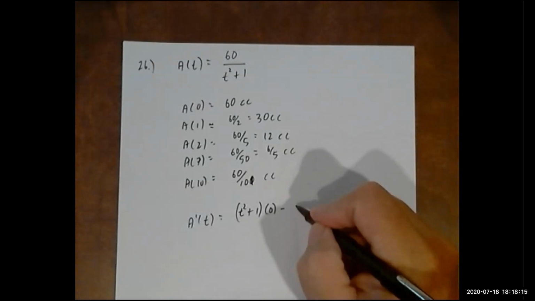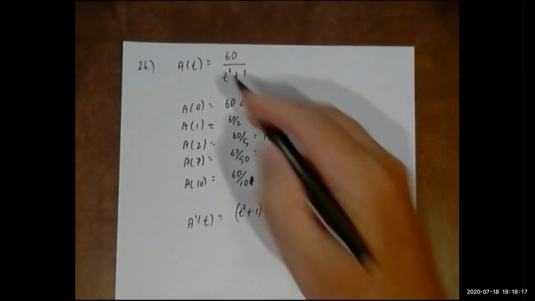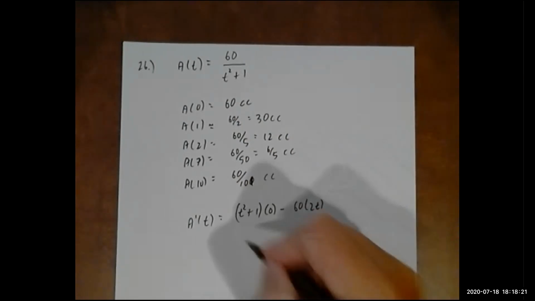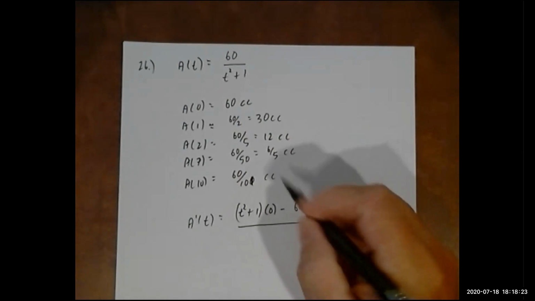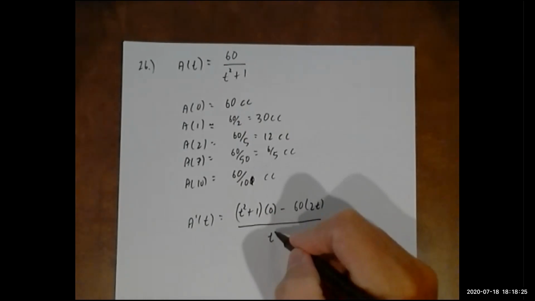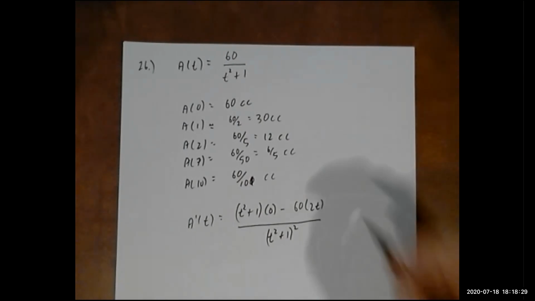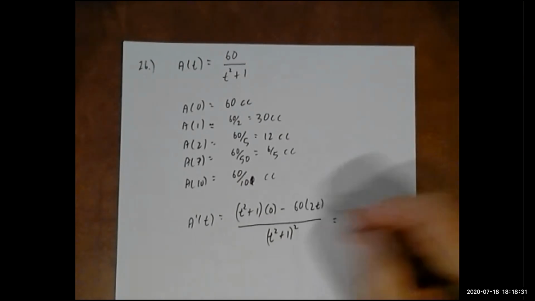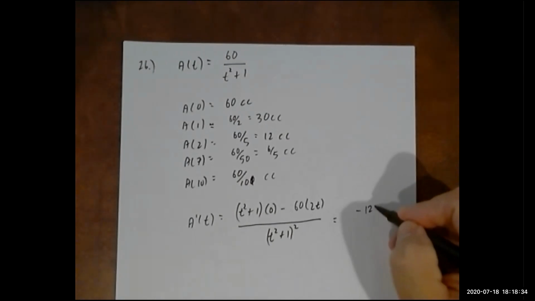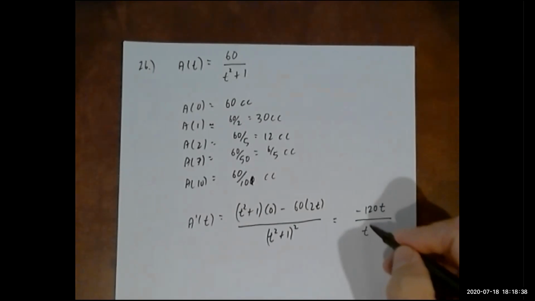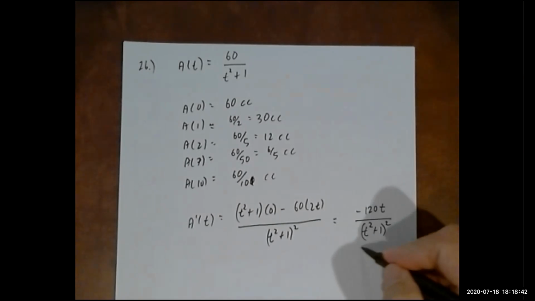Minus high, d low, derivative of the bottom, t squared plus 1, is just 2t, over the bottom squared. If we simplify it, so there's the first derivative.